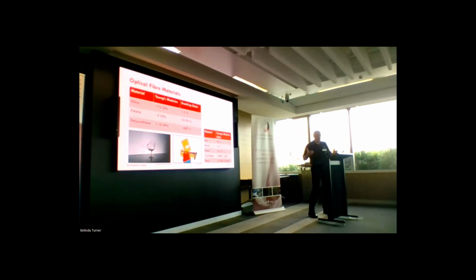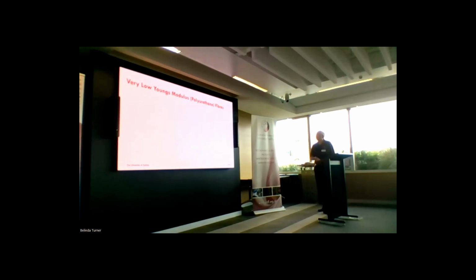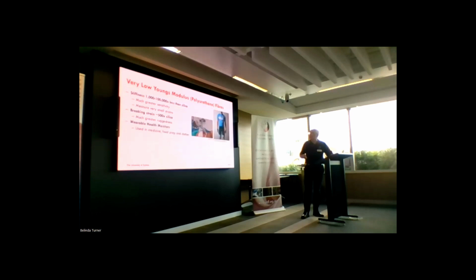So it's mechanically compatible with some body tissues. That drove us to think, well, can we make very low Young's modulus polyurethane fibres, taking benefit of the fact that the stiffness is much less than silica, giving greater sensitivity, and that the breaking strain is much greater, and then use those in wearable health monitors.